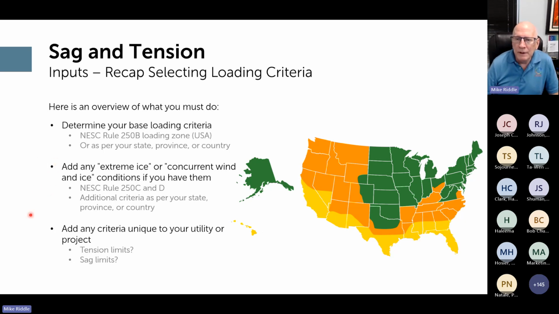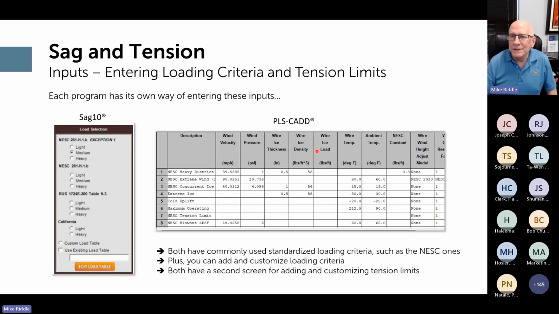And then if you have any unique criteria to your specific project, or perhaps your utility tension limit, you don't want to go above this, or you don't want the sag to be more than that, well, then add those in as well. So each program has its own way of putting these inputs. So here's the screen for SAG 10. You can see you can pick light, medium, heavy loading. You'll see they have the RUS ones too. They even have the California ones over here. And then this is how it looks in PLS-CADD.